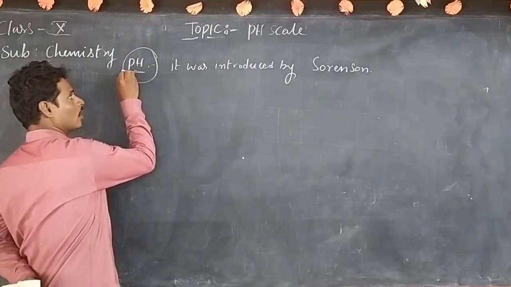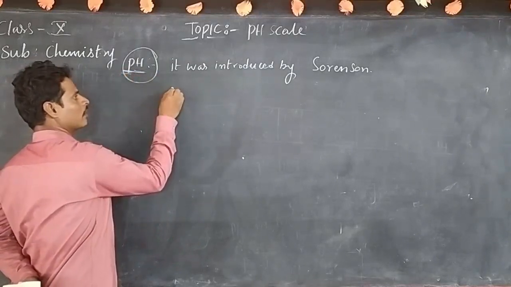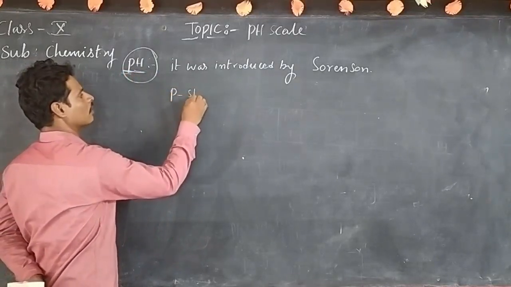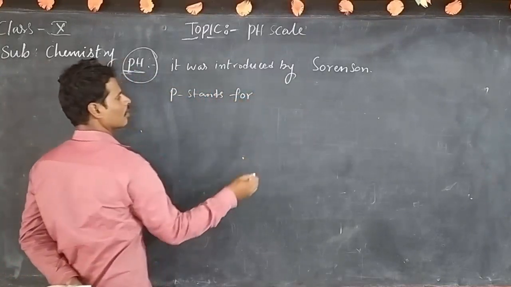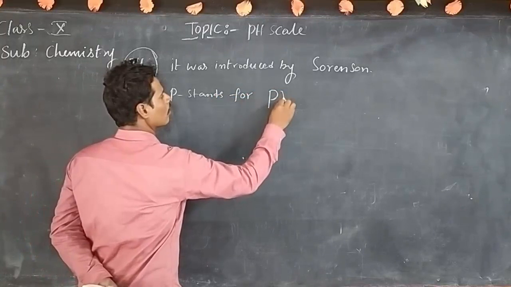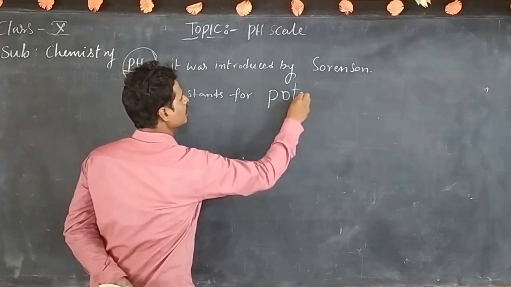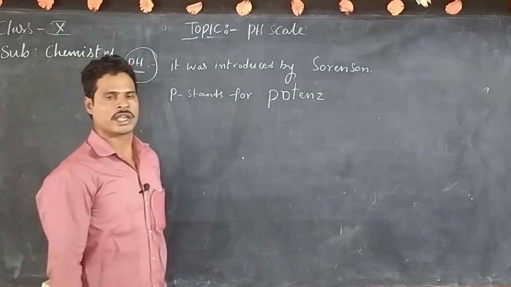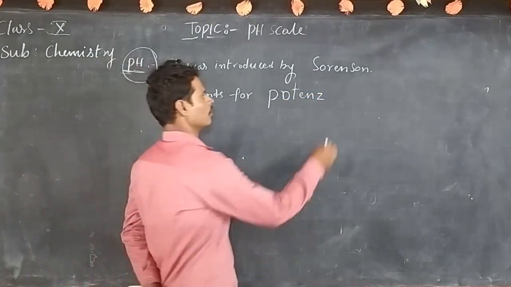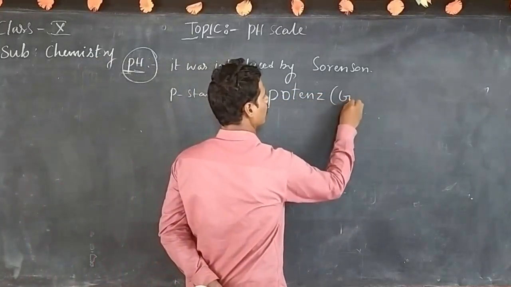Next, what is P? P stands for potenz. This word came from a German word.